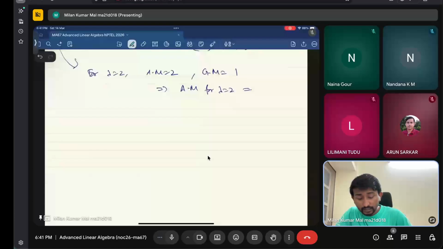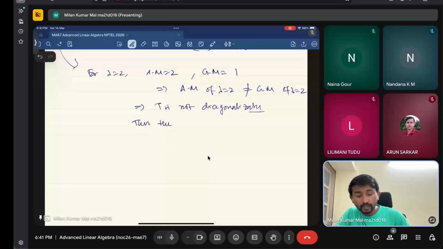That says T is not diagonalizable. Then the minimal polynomial is (x minus 2) square, (x minus 1). I hope it is clear, because this is very interesting and important reasoning on how to do it.